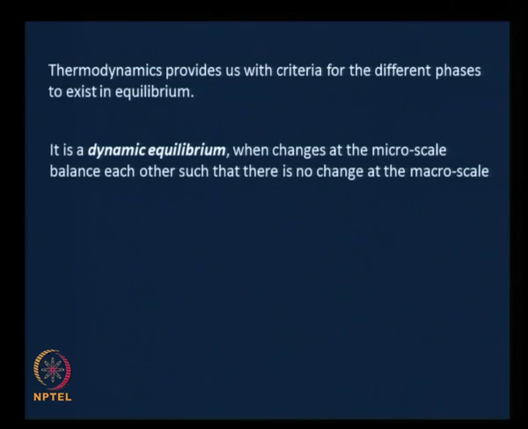We had given the example of a substance going from the liquid phase to a vapor phase. For example, water, just pure water, going from the liquid phase, H2O that we know of, to the vapor phase, and we said that there is a rate at which the water molecules move from the liquid phase to the vapor phase, and at the same time there is a rate at which the water molecules move from the vapor phase to the liquid phase.